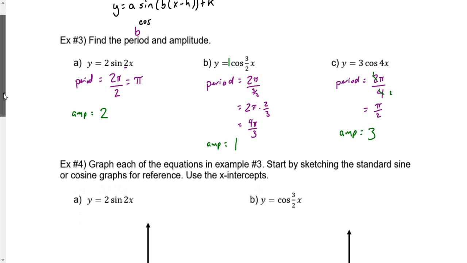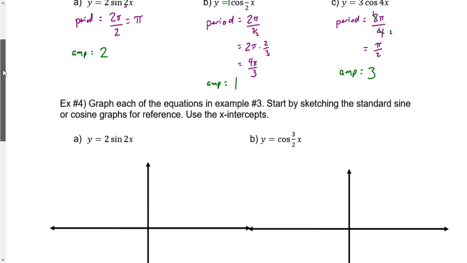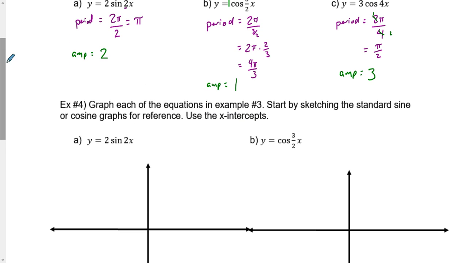So what we're going to do here is actually graph these characteristics. It's going to make things look slightly different, but at the same time, very similar. First things first, when I do my sketches, I always indicate what type of graph I'm doing. I'm doing a sine graph. Because I'm doing a sine graph, I need to know what a sine graph looks like.